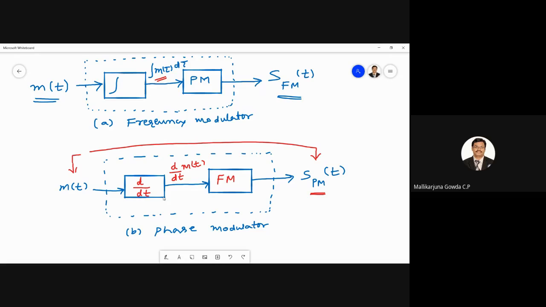I don't know how many of you could get that point. As far as angle modulation is concerned, FM and PM are similar. That is why I gave that example. Is that clear? And how they are related, also understood?